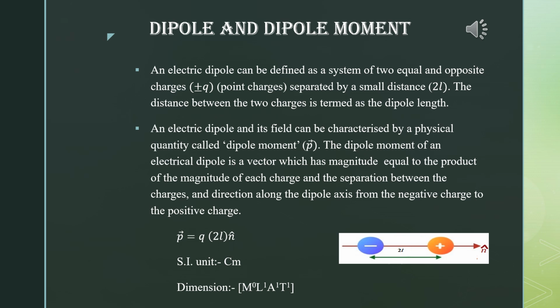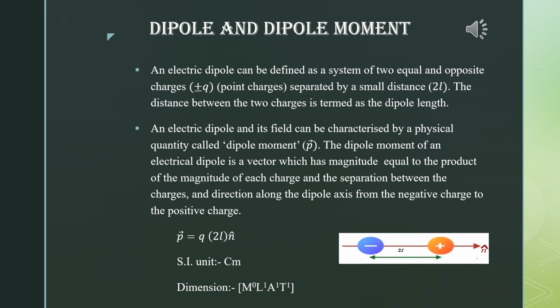It cannot be zero. In fact, we may not have only two charges, we can have a complex system of charges also, but if effectively its field etc. can be reduced to that of a system of plus minus q, then we can say that this system will behave like an electric dipole.